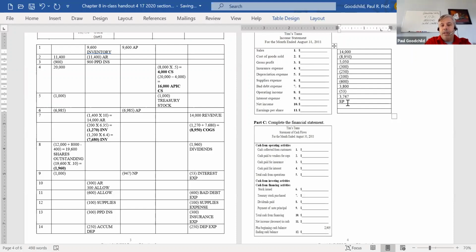And then EPS would equal net income minus your preferred dividends divided by your average shares outstanding.